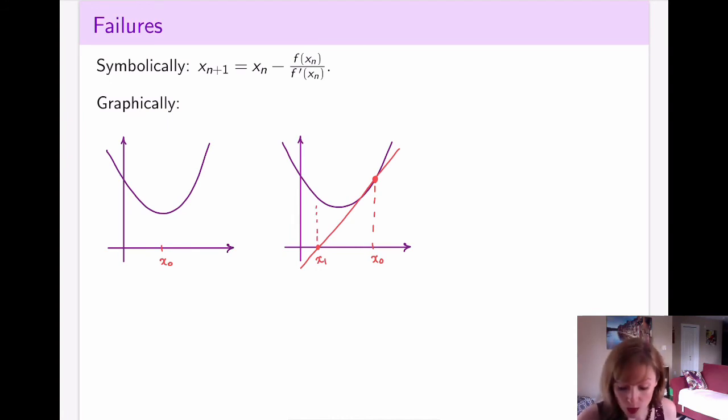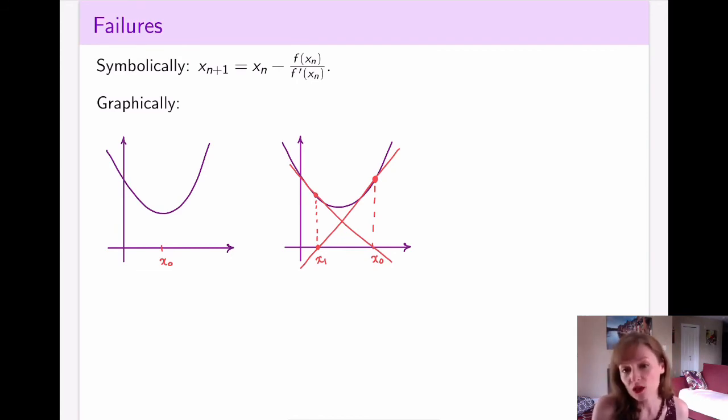So it will go up to the function, find a point, construct a tangent line. Well, that's unfortunate, because now what that means is the method will just get stuck in a cycle, right? It will alternate between these two values because that's where the tangent lines will always lead it. So sometimes the method can get stuck in a cycle.